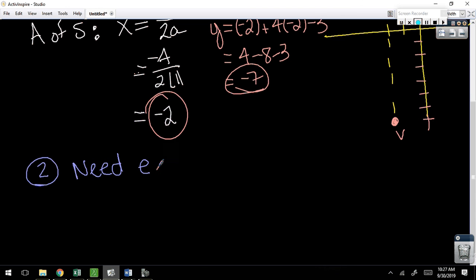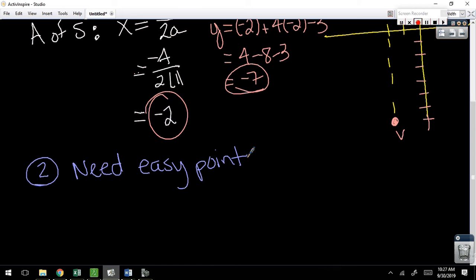If the y-intercept is easy, use it. Now, what if your vertex sits on the y-intercept? You can't use that for a second point because your vertex is already there. So there will be times when you'll have to find another point outside of the y-intercept or the vertex. In that case, I just go right beside the vertex. If my vertex here is -2, I'll choose -1 or -3, and I'll stay right beside it.